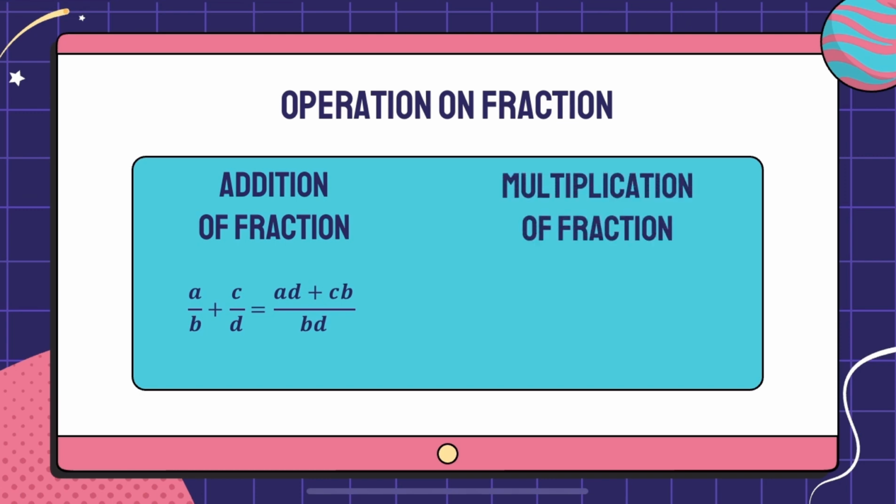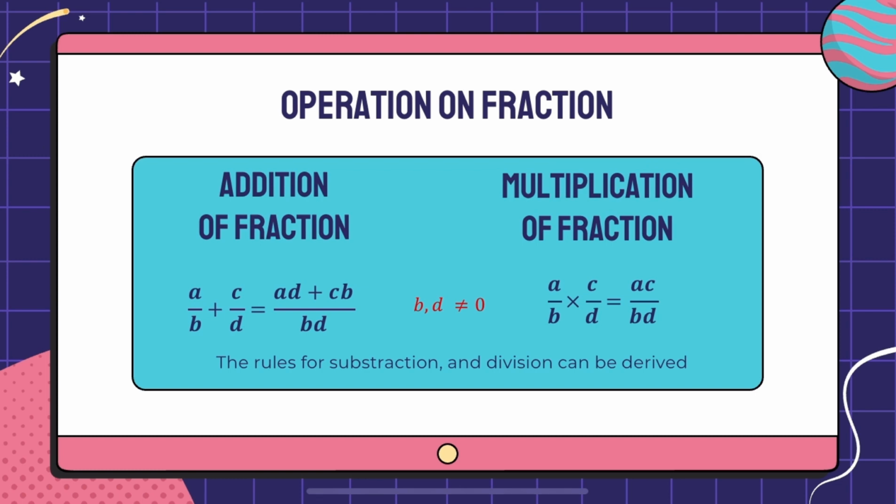Next, there is multiplication of fraction, defined by a over b times c over d equals a times c over b times d. For all these formulas, b and d are not equal to 0. The rules for subtraction and division can be derived.